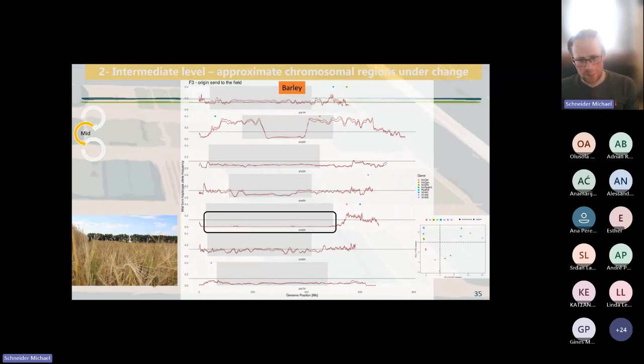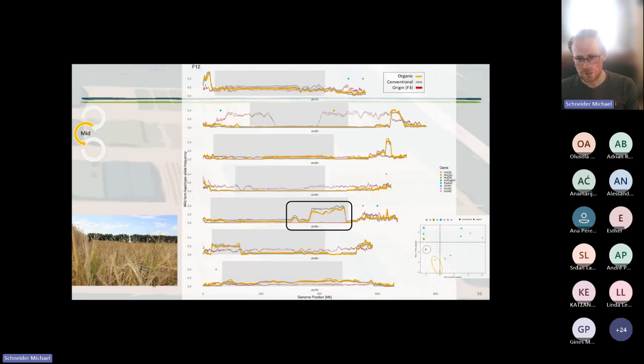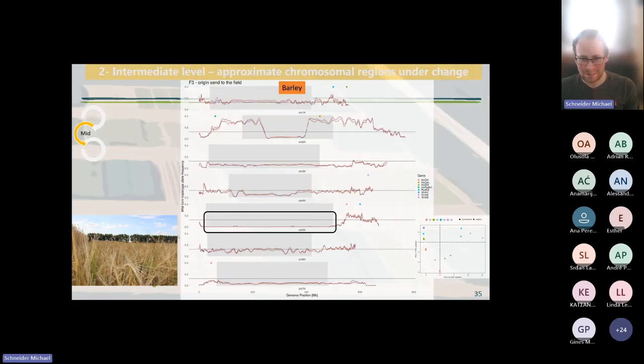So let's have a look at this fifth chromosome, and see how it has evolved over the generations, because now we are in the 12th generation, so 9 years after. I'm jumping once back so that you can see this once again.